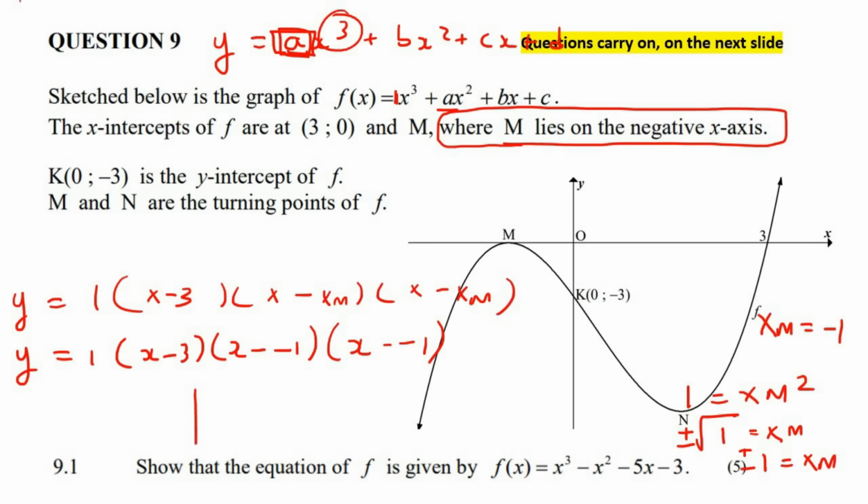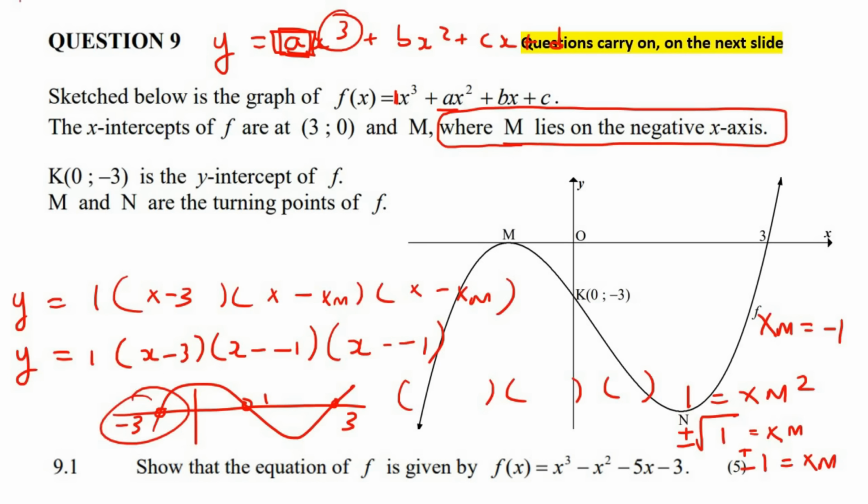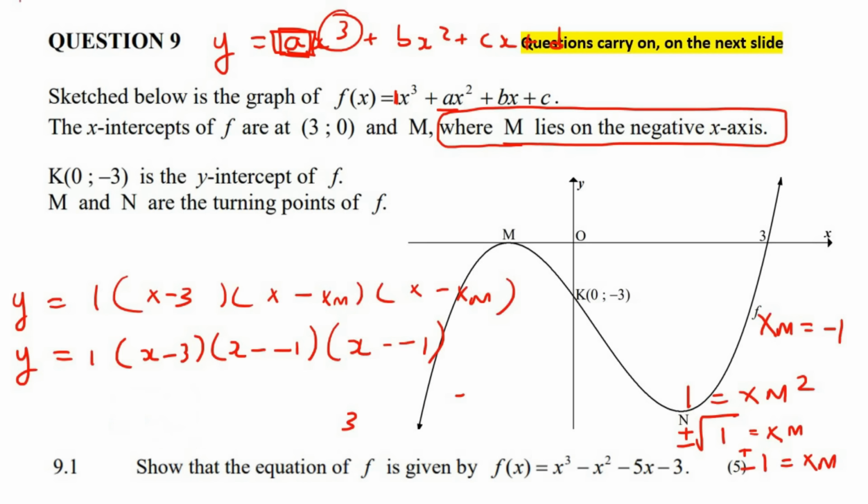So for example, if you have a -3 here, a 1 here, and a 3 here, then you make 3 brackets, remember? And then normally you have to put a little a in the front, but in this one it was a 1, so I left it out. So for this bracket you would say x take away -3, for this bracket x take away 1, and for this bracket x take away 3. And then you would just be able to get your brackets like that.